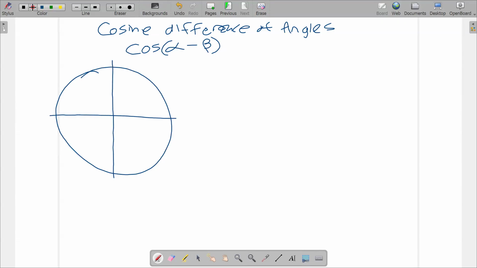I'm going to say in blue that this angle here is going to be my beta. And then this angle over here is going to be my alpha. So then this angle in between here would be alpha minus beta.